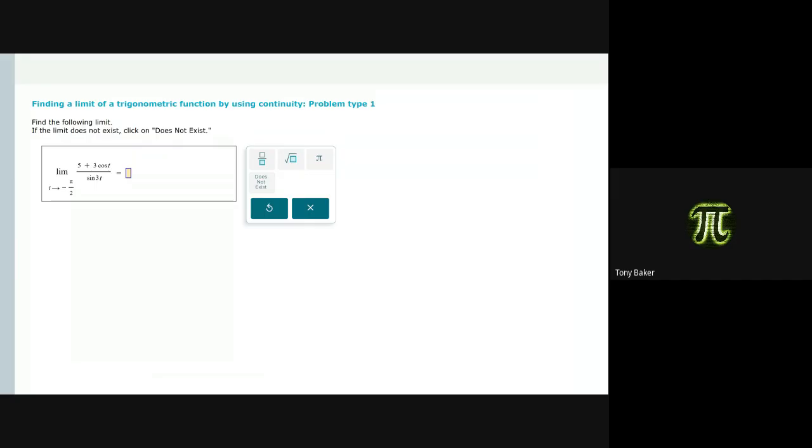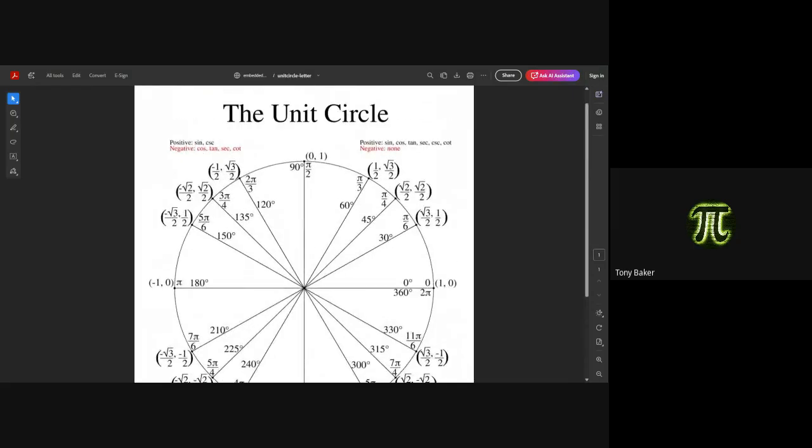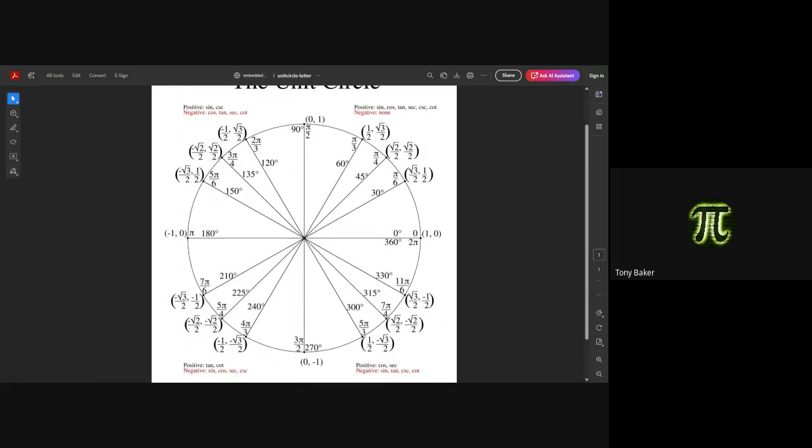So, this is the unit circle. I would highly suggest you don't need to memorize it, but you do definitely need to be able to find it quickly, and you should know certain values from it.